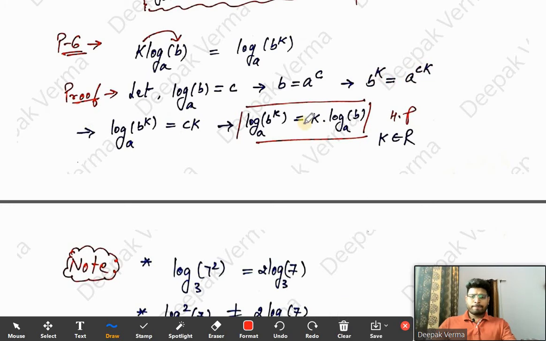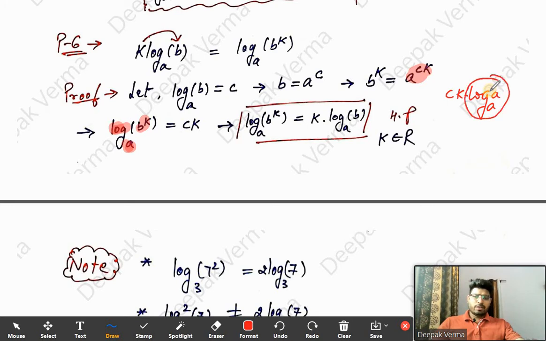Is it clear? Now take log with base a on both sides. So we will get log b to the power k base a. Here we will get ck into log a base a.